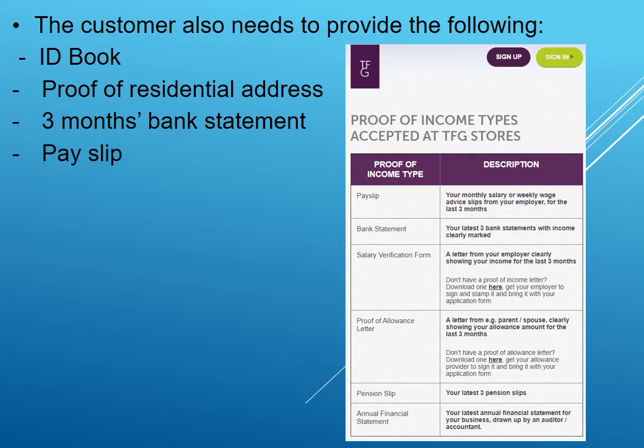Then also proof of residential address. Many businesses ask for that. That is normally also to see where this person lives, and unfortunately if people need to be traced because they're not paying their accounts, at least there is some address to revert to and try to find the person.